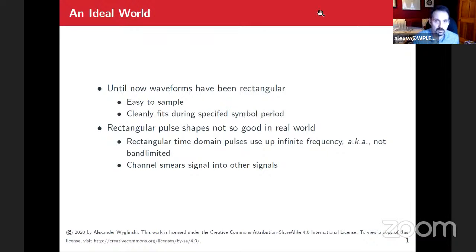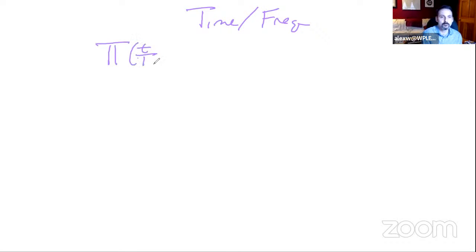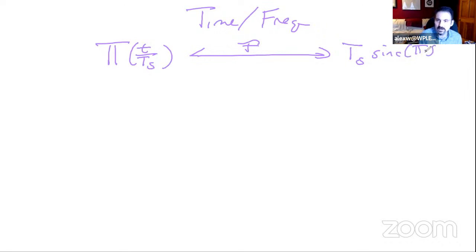Why is that? Well, rectangular pulses are not cool because of this. So we look at the time-frequency relationship between the two. A rectangular pulse and its Fourier transform equivalent, sinc of pi f TS, correct?